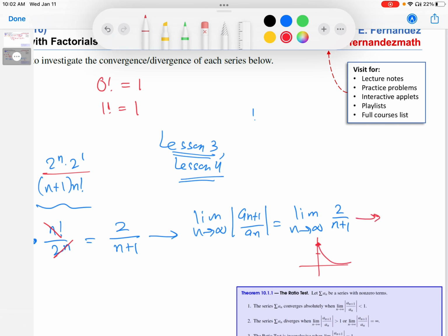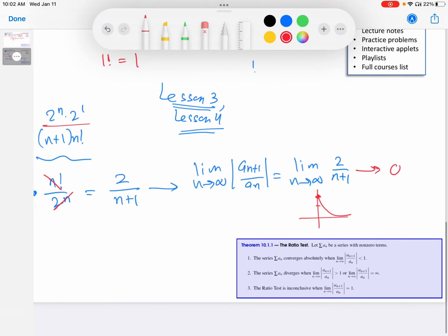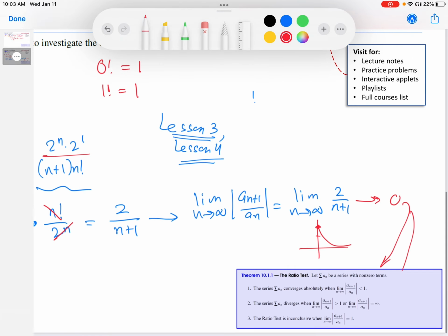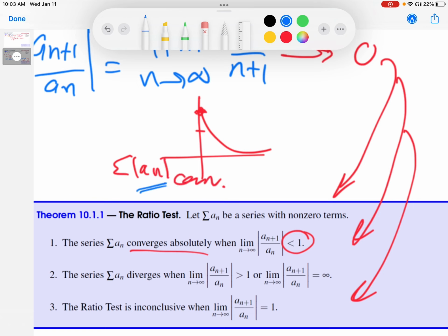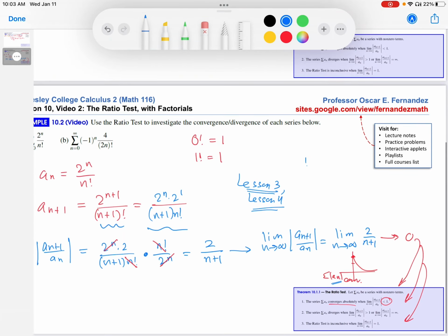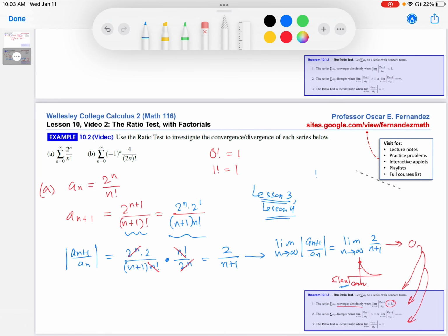So this goes to 0, and now we take that conclusion and we compare it to the 3 cases in the ratio test. 0 is definitely less than 1, right? So the series converges absolutely. Remember, that means that the series of absolute value terms converges. Again, for our example, that is the same series that we started off with because all the terms were positive, but nevertheless, it's pretty strong convergence. Okay, so that's part A.